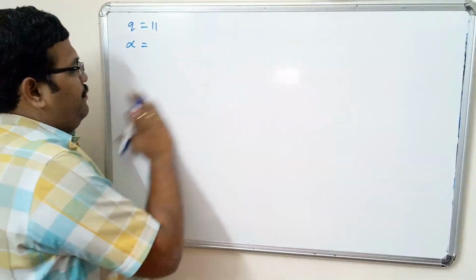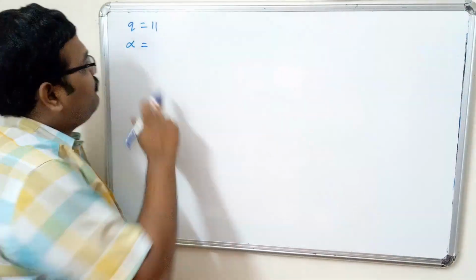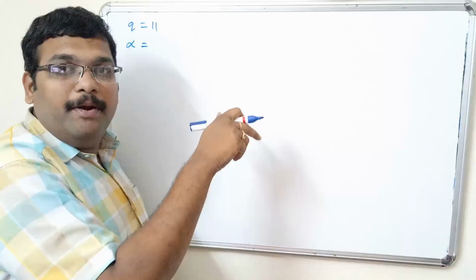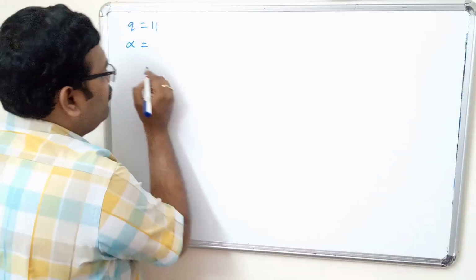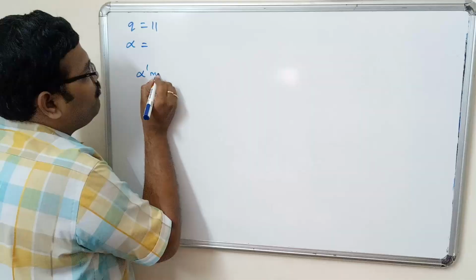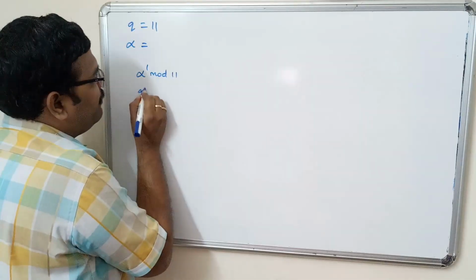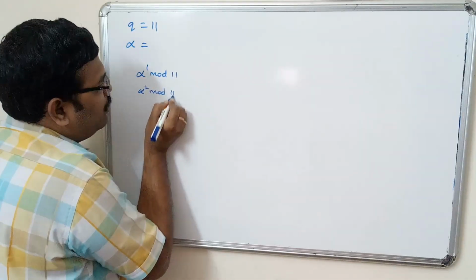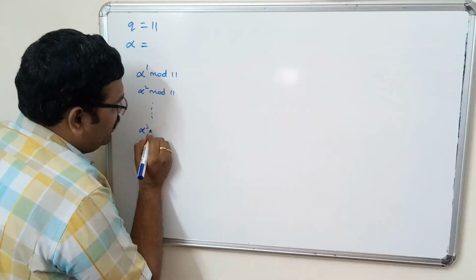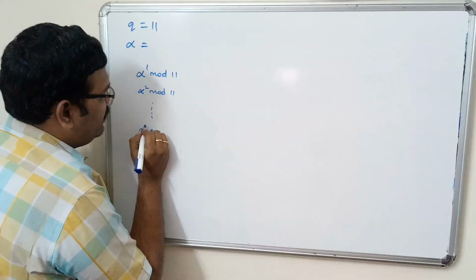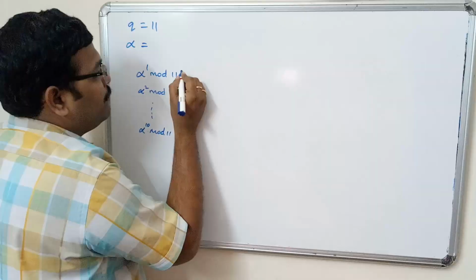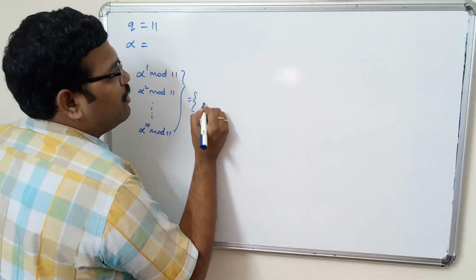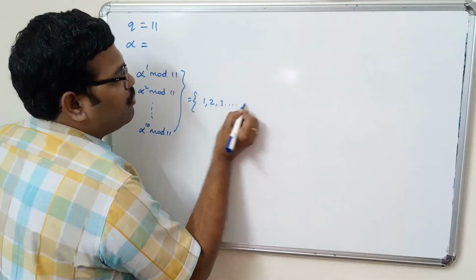As I have said, alpha is said to be a primitive root of q if alpha power 1 mod 11, alpha power 2 mod 11, and so on, alpha power 10 mod 11 gives the results 1, 2, 3 and so on up to 10.